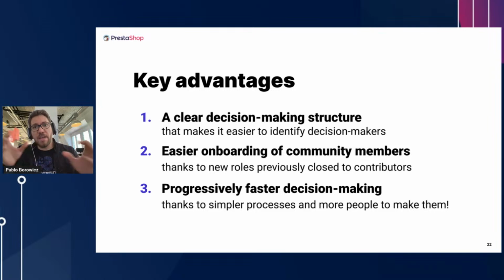And because we created an organization that can be broken down in different responsibility levels that can include community members, even if we don't trust them completely to become decision makers yet. And the third one is to help us accelerate the decision making process progressively, thanks to simpler processes, different from the ones that we had until now, and because we expect to have more community people to make them.